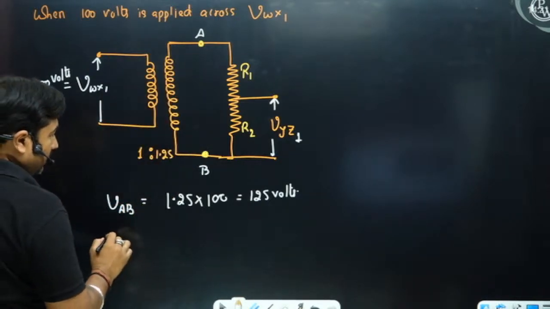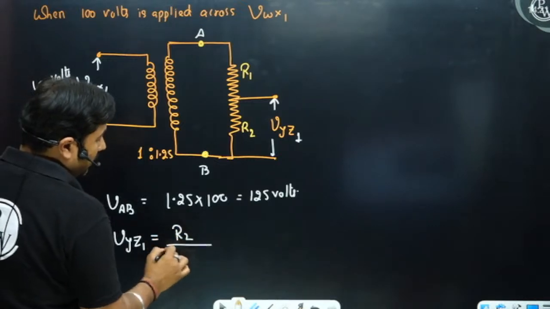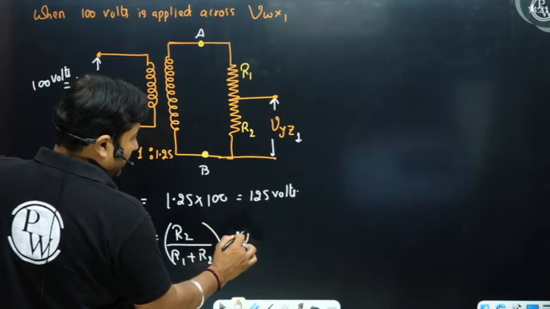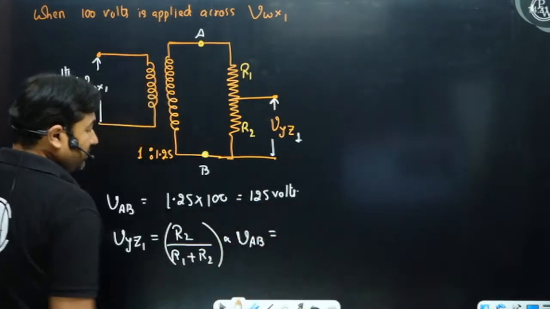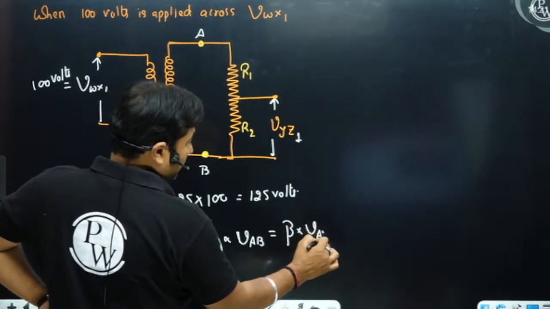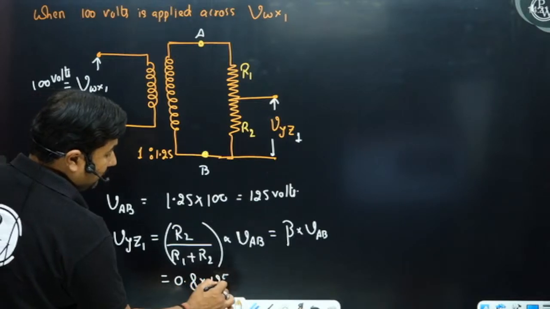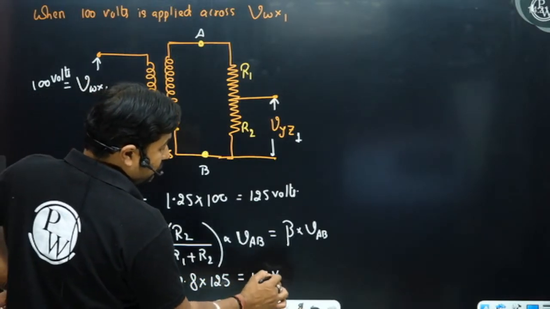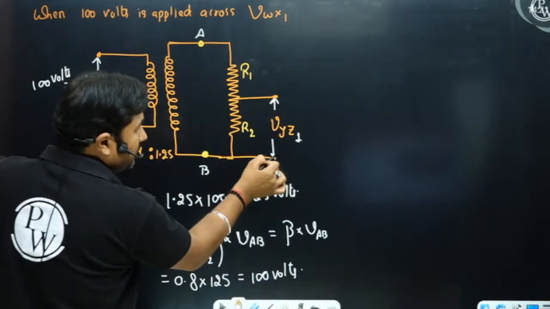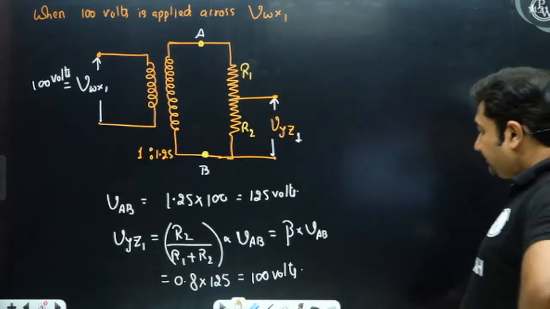Then VYZ1 will become R2 upon R1 plus R2 into VAB by voltage division rule, and this attenuation factor beta is given to you as 0.8 times 125. That will be again 100 volts only. So when you are applying here 100 volts, you are getting open circuit voltage across YZ as 100 volts. Is it okay? Yes, sir.